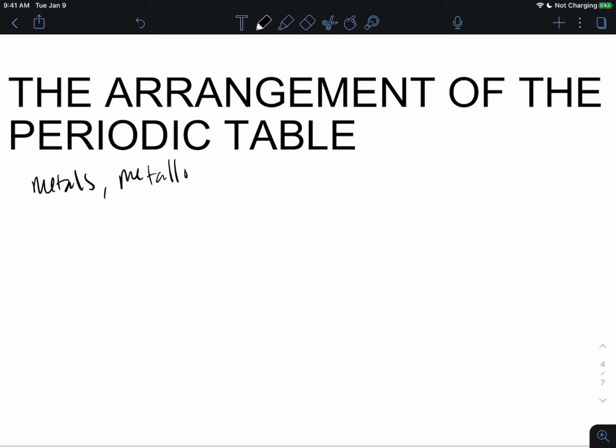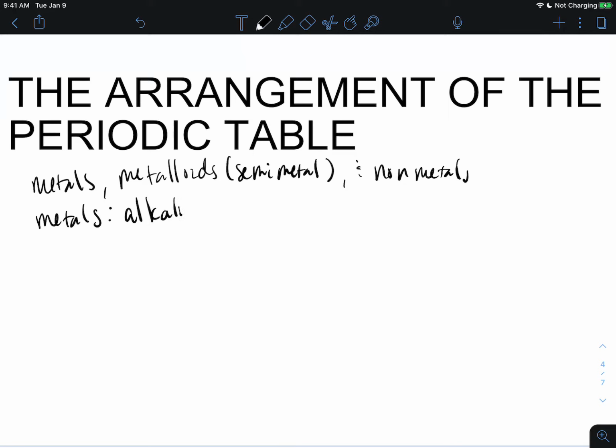Okay, so our periodic table is arranged by metals, metalloids, which are semi-metals, and non-metals. Within our metals, we have a couple of different groups that we're going to explore in later lectures, but our metals are going to include alkali metals, alkaline earth metals, transition metals.